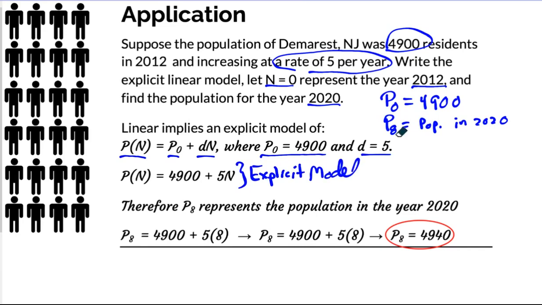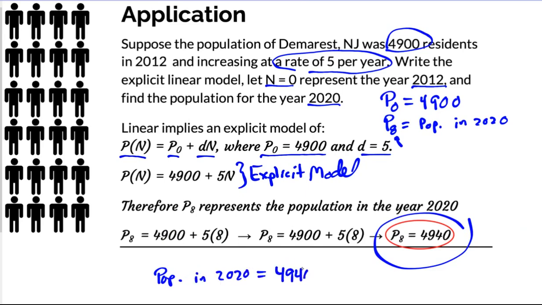Now we want to know the population for 2020. Well, that's 8 generations after 2012. So plug in 8. We see that P of 8 is 4,900 plus 5 times 8. We get that P of 8 is 4,940. Population in 2020 is 4,940.